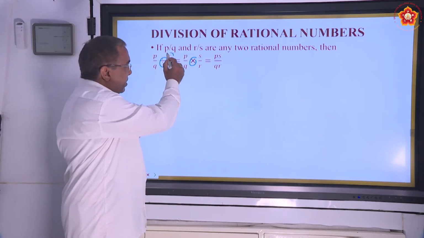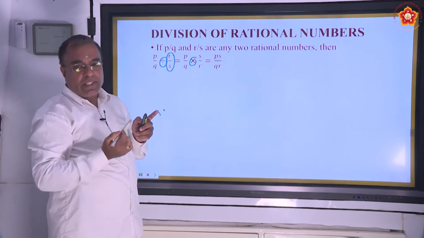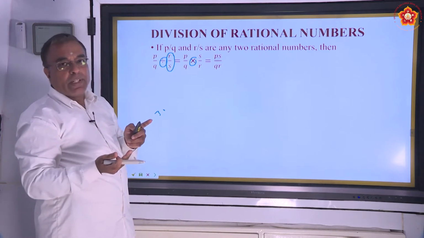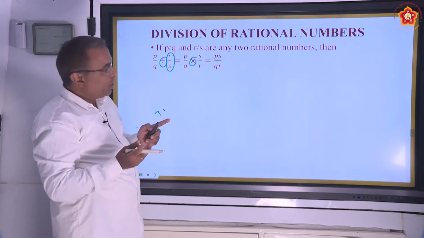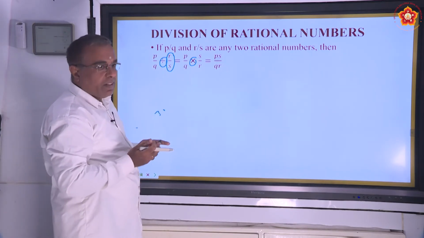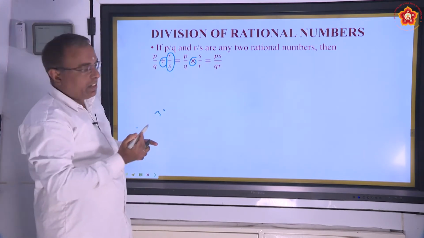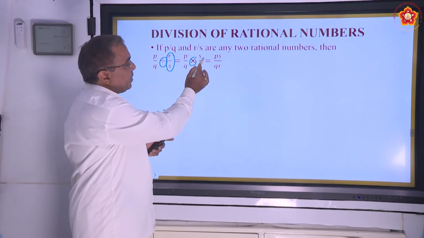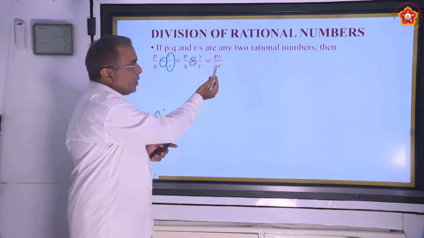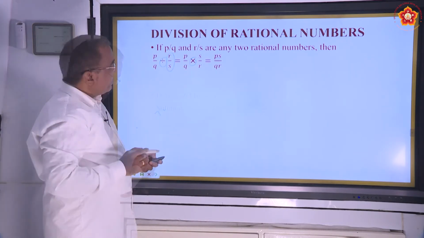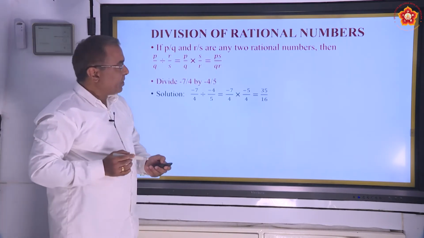The next rational number r by s will be converted into its reciprocal. So r by s reciprocal will be s by r. Then now we have the product of two rational numbers as discussed earlier. Multiply the numerator separately, p into s will be ps, q into r will be qr. Very simple. We will do some problems based on this.